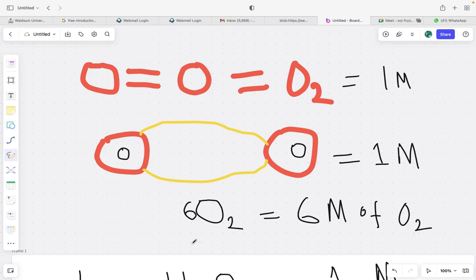How many atoms of oxygen? 12. This is equal to 12 atoms of oxygen. Is that okay? Do we understand? Yeah. Okay. Now let's go to the next one.